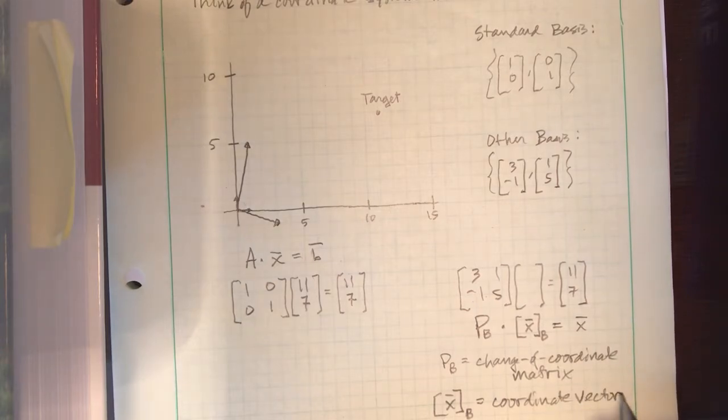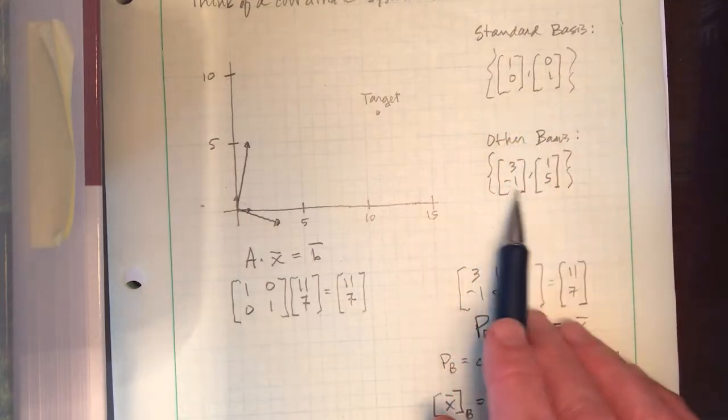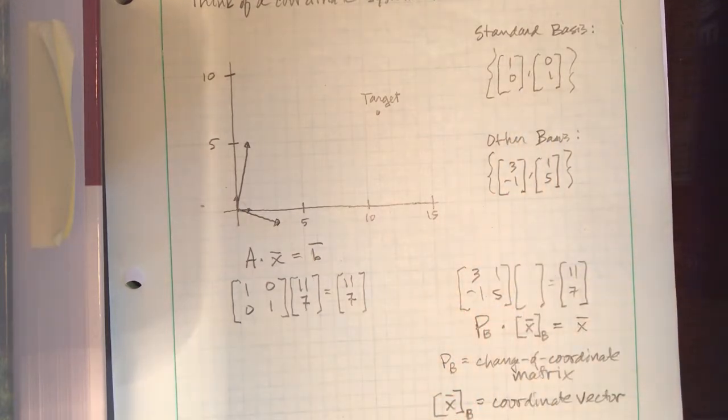I like noticing that the sub B just reminds you we're part of a brand new coordinate system. We no longer are using the standard basis, we're using something else to get my target.